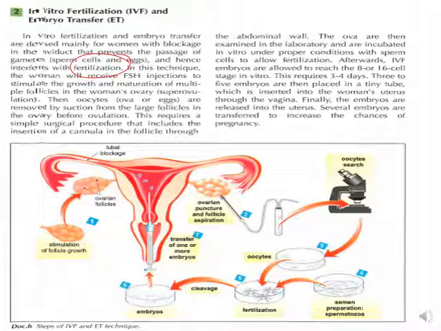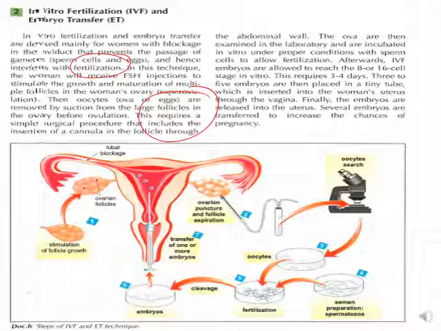For this technique, the woman will receive FSH injections to stimulate the growth and maturation of multiple follicles in the woman's ovary, superovulation. Then oocytes are removed by suction from large follicles in the ovary before ovulation. This requires a simple surgical procedure that includes the insertion of a cannula in the follicle through the abdominal wall.